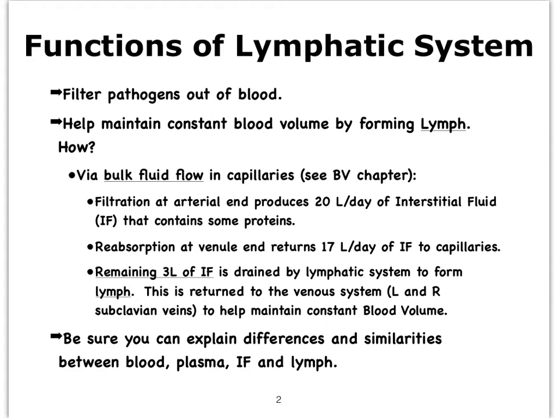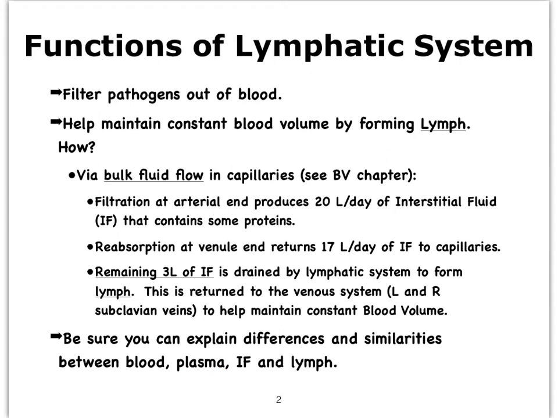So when we see that lymph is formed, well, first interstitial fluid is formed, which then is picked up by the lymphatic system, and then we call the fluid lymph. During that time, we're going to see that also some white blood cells are going to be entering into that interstitial fluid and lymph. There are also going to be less proteins in the interstitial fluid and lymph compared to the plasma, but proteins will still be present.